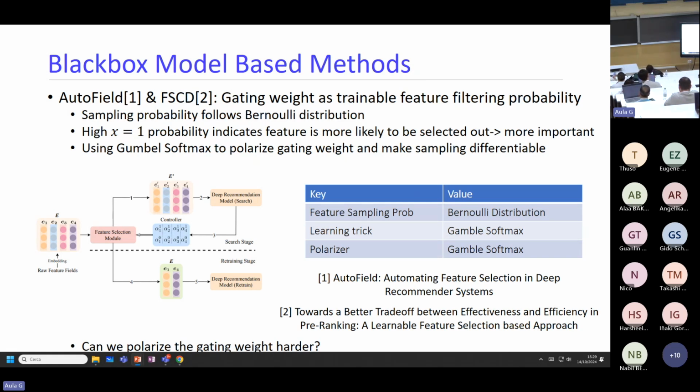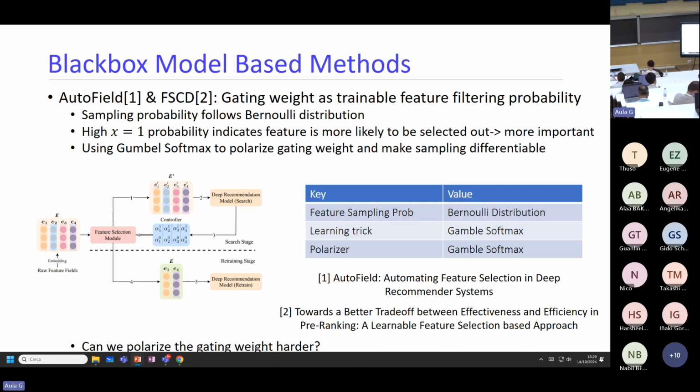They calculate the probability that the feature gate equals 1 to indicate whether this feature is more likely to be selected. If yes, then this feature is more important. They also train this sampling probability with Gumbel softmax to polarize the gate weight and make the sampling differentiable.